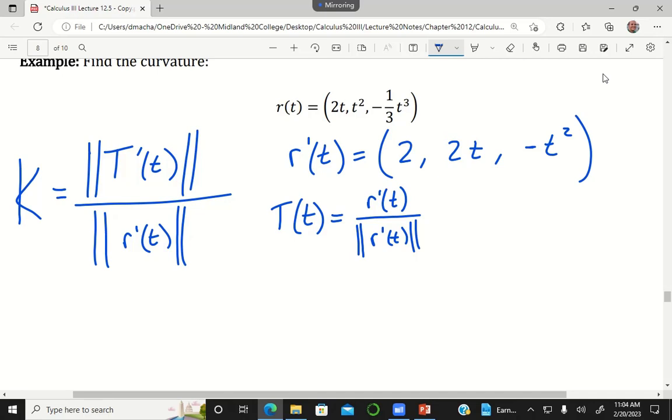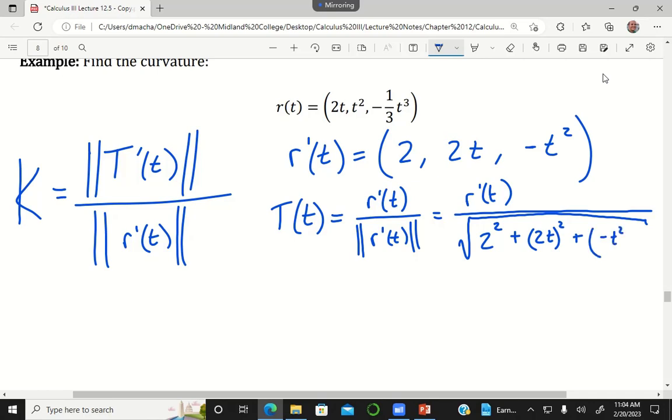But I need a unit tangent vector, so that means I have to divide by that norm. So this is going to be r prime of t divided by the square root of 2 squared plus 2t squared plus negative t squared squared.